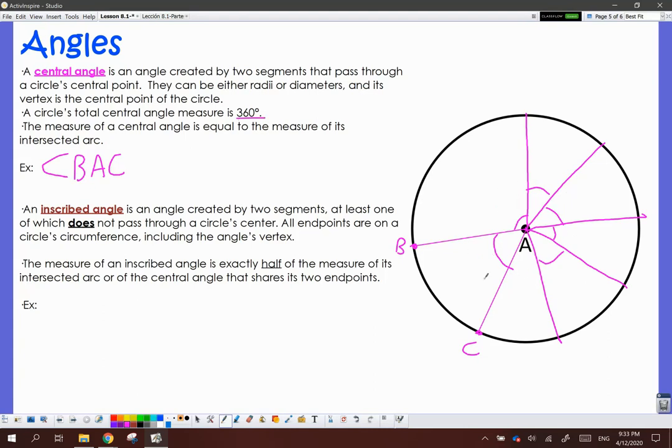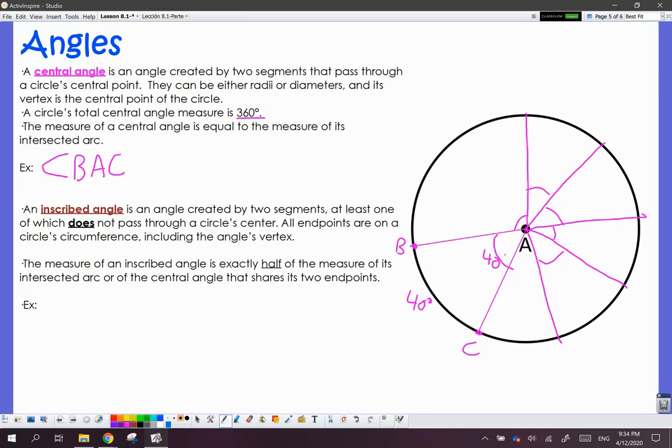There's always 360 degrees inside of a circle. Remember that. The measure of a central angle is equal to the measure of its intersected arc. So for example, if I say that this angle is 40 degrees, then the arc is also 40 degrees if I measure the angle of the arc. When we get to the section about arcs, I'll expand on this a little bit more.